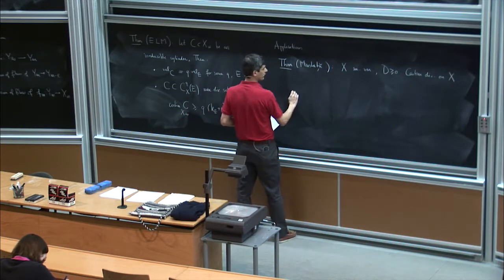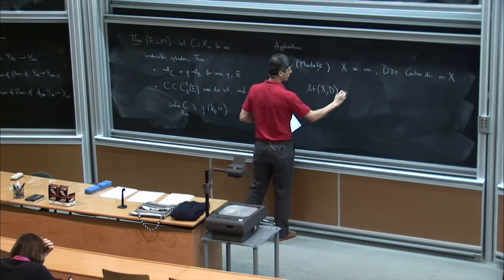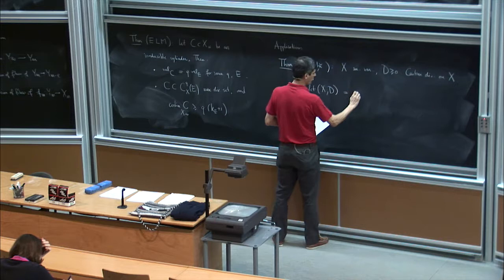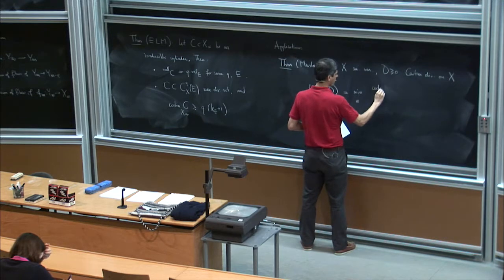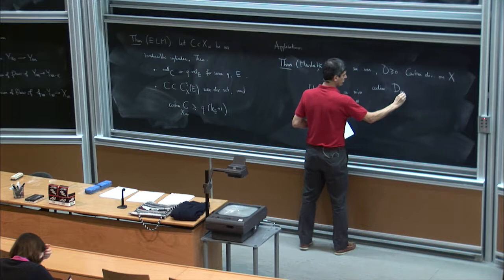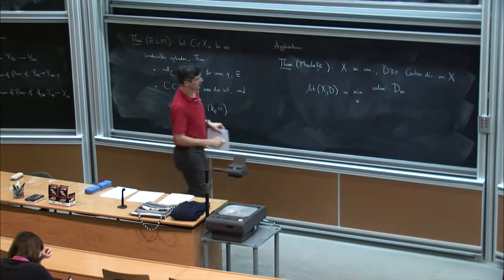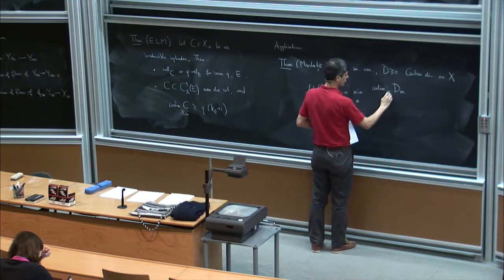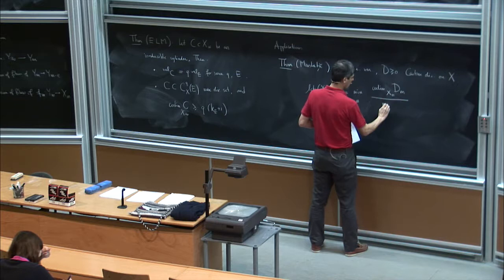Then the log canonical threshold of (X, D) is the minimum over all m of the following number. You look at the codimension of the jet scheme of D, considering D as a scheme itself, which sits inside the jet scheme of X. Look at the codimension of this set, and you divide by m plus 1.